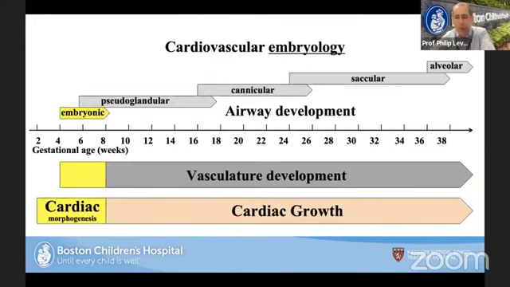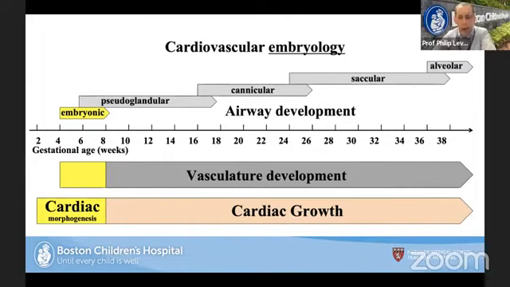So embryology is fascinating. Every neonatologist knows the way that airway develops from the embryonic stage all the way to the alveolar stage. But cardiac morphogenesis actually precedes airway development. And the vasculature arises from a temporal and spatially controlled process linked between airway and cardiac growth.